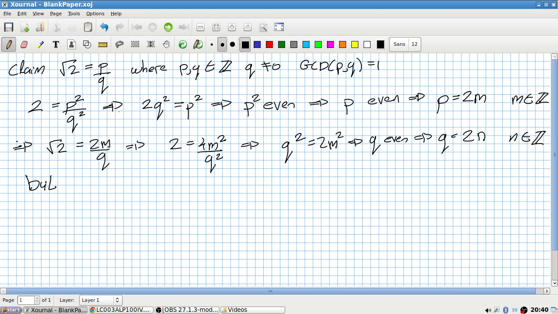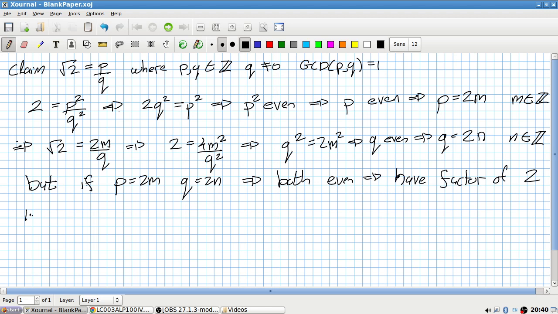But if p equals 2m and q equals 2n, that implies that they're both even, which means they have a common factor of 2, i.e. contradicting the claim on line 1.